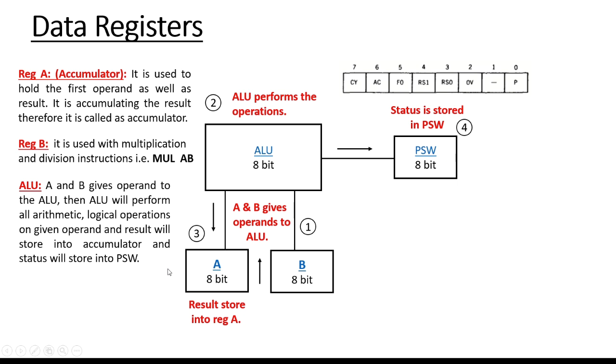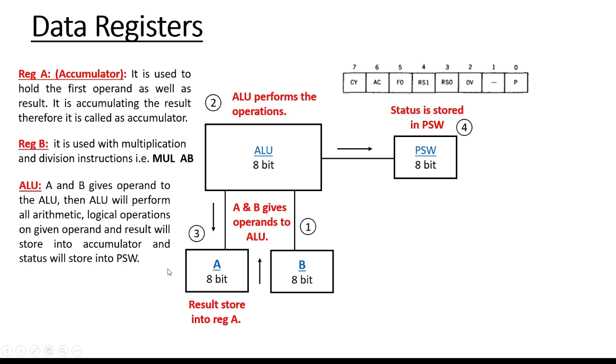So the accumulator register is the most versatile of the two CPU registers, and it is used for many operations including addition, subtraction, integer multiplication and division, and boolean bit manipulation.